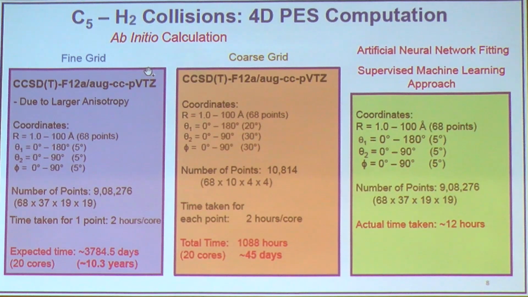We compute the coarse surface by varying the R and other angular parameters, computing nearly 11,000 data points mapping the entire surface on a coarse grid, and then feed that data into the machine learning technique and get the full surface. We generate the surface very quickly in this process, whereas to get the coarse grid potential surface, it took a little more than 1 month.